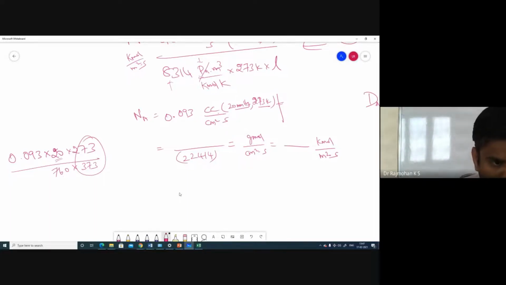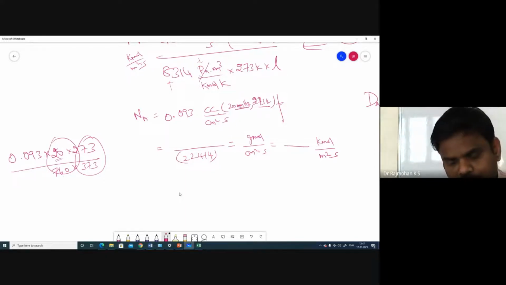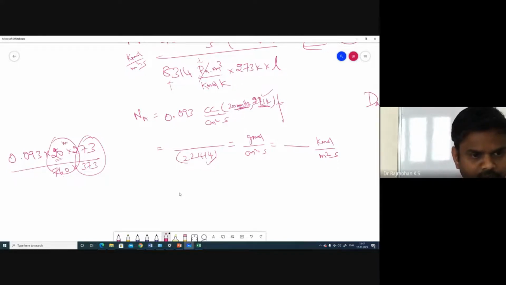That we have to do because that correction we have to do. That's what I am asking you. This is given at a different pressure and temperature. Temperature is okay for us because this volume corresponds to that. But to convert this value to this, we have to do that correction. 20 mm mercury divided by 760 mm mercury. Okay, so then only our value will be correct. 0.093 into 20 by 760. Okay, so that brings us to atmospheric pressure condition, right?